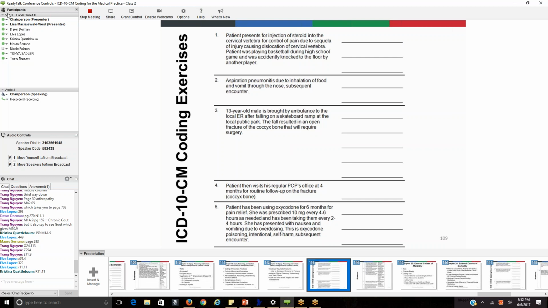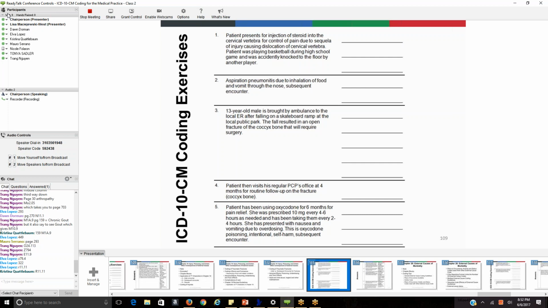Under S32, under the main term, which is on page 918 of your 2017 book, you have a pink box. It says the appropriate 7th character. Almost all of the codes in chapter 19 are going to go to the 7th digit. And you always have to look for that pink box for the appropriate 7th character extension.